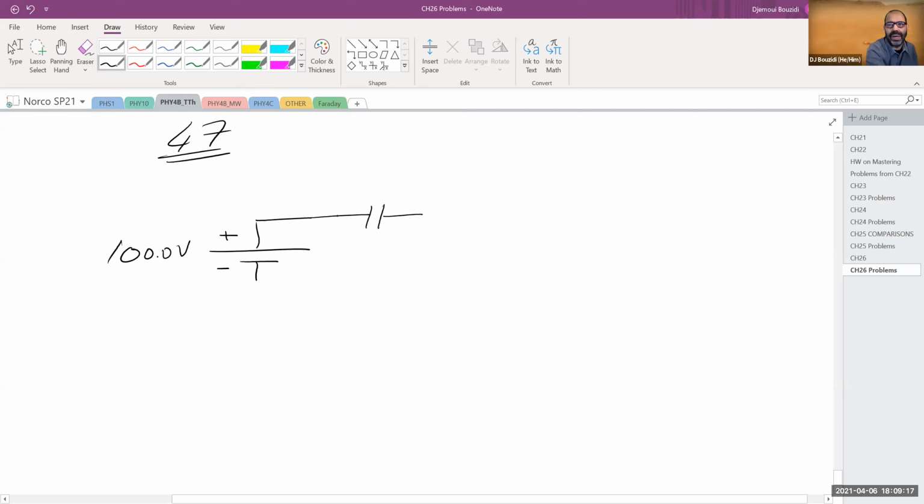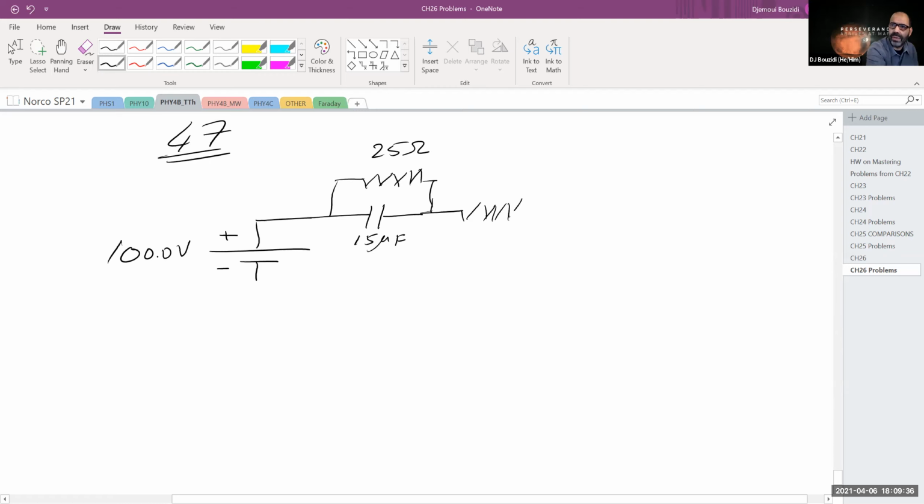Okay, so I have a capacitor in here, but it's in parallel with a resistor. This resistor is 25 ohms, and this capacitor is 15 microfarads. After the junction, we have another resistor, and that resistor is 75 ohms.